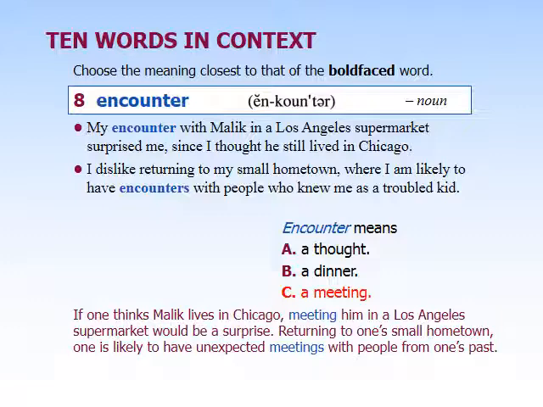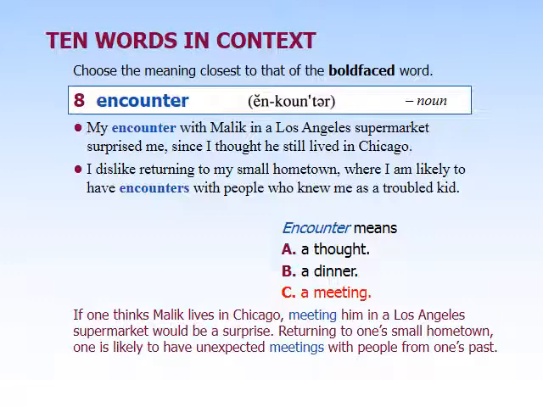So I wouldn't say I have an encounter with someone at my business at 7 o'clock, because that's a planned meeting, and it's also likely not to be short. An encounter is more, we say, when you run into someone, when you're out at the grocery store and you see someone you know.